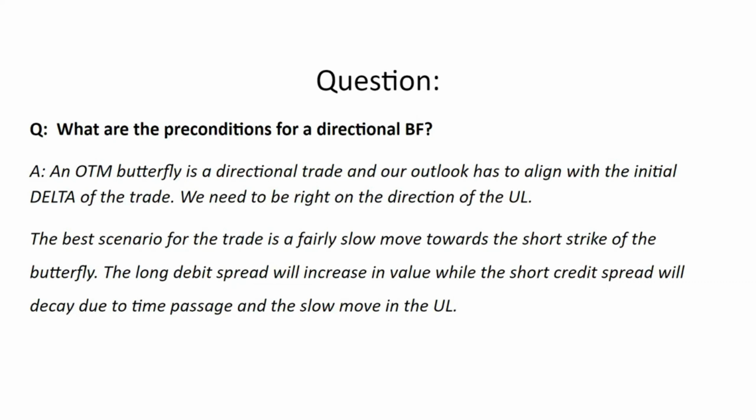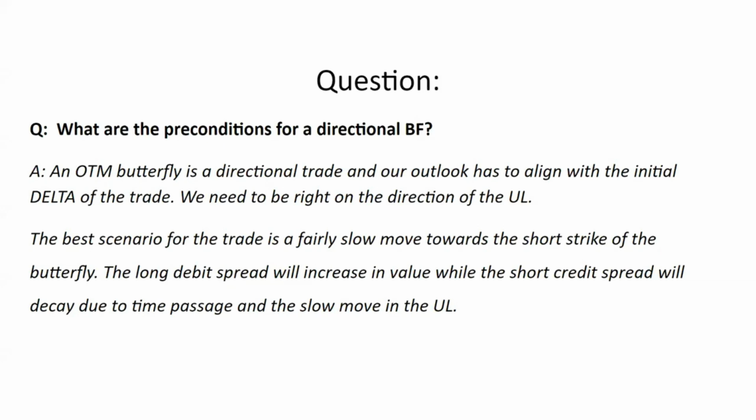There's no specific conditions, in high volatility, low volatility. Sure, volatility would help, and a butterfly, being a short volatility trade, will benefit from volatility contraction overall. But if we sit around and wait for volatility to be super high, and then we have to be right on our outlook on the volatility on top of being right on the outlook of the price of the underlying, it's just putting way too many variables and having way too many moving parts in this trade.